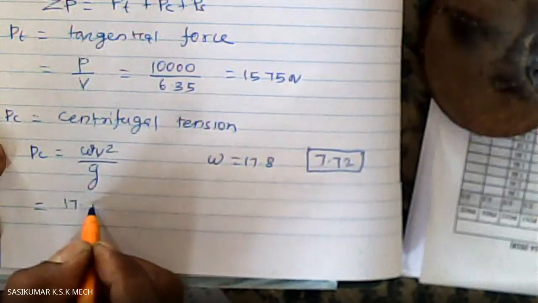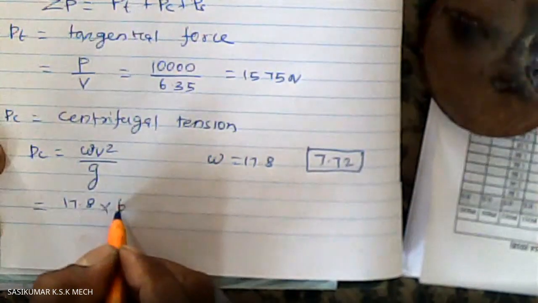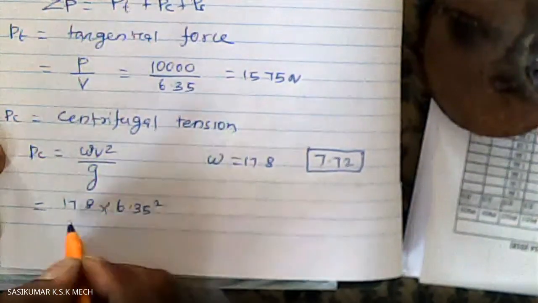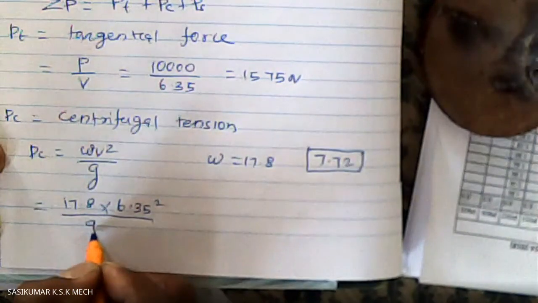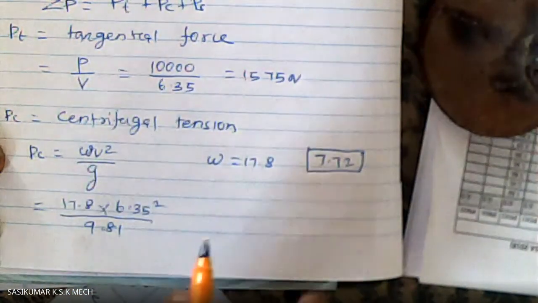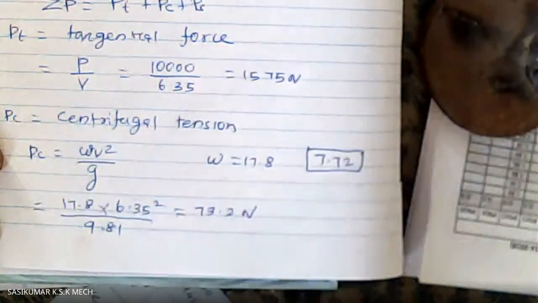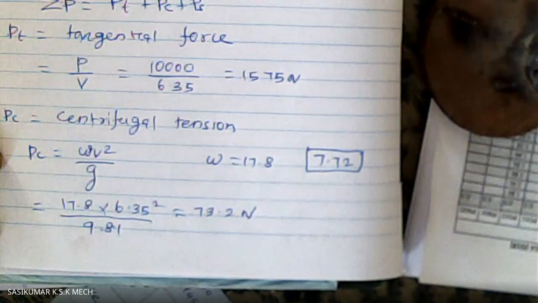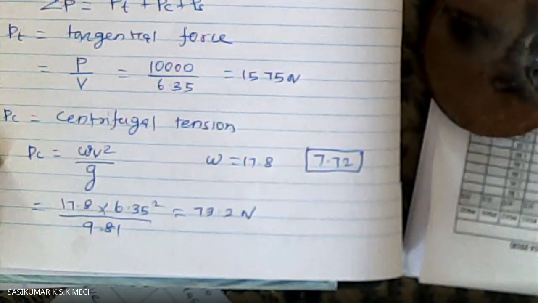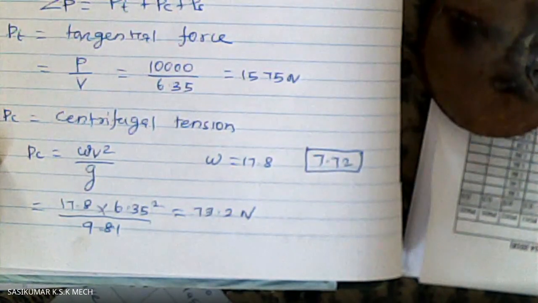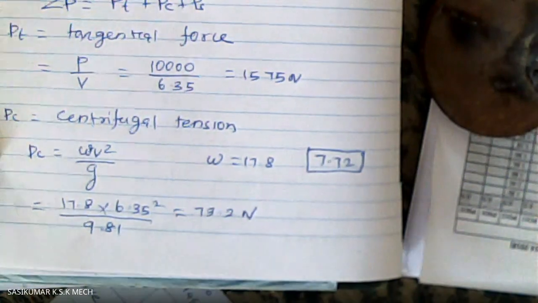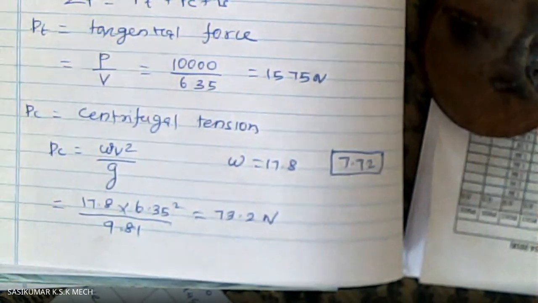So 17.8 into 6.35 whole square divided by 9.81, that is equal to 73.2 Newton. So now we have found PT and PC.